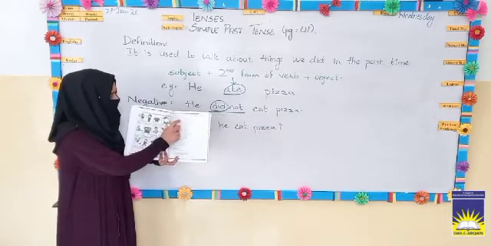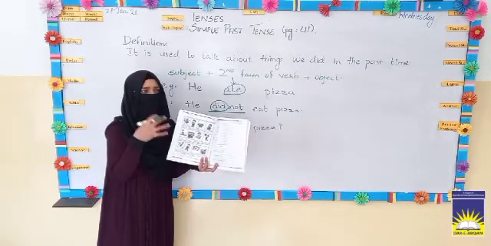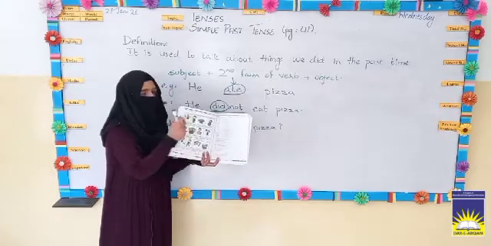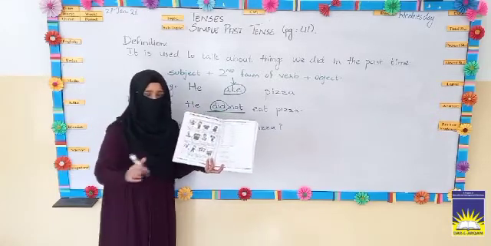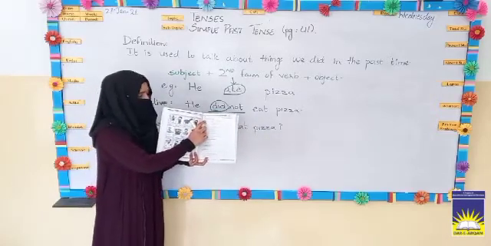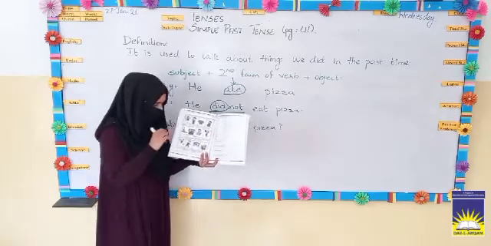Then here the basic spelling of some verbs is given. For example, the present form of the verb is given, and you have to write the past form of each given word. For example, here is play, so you will have to write here played, which is the past form of play.